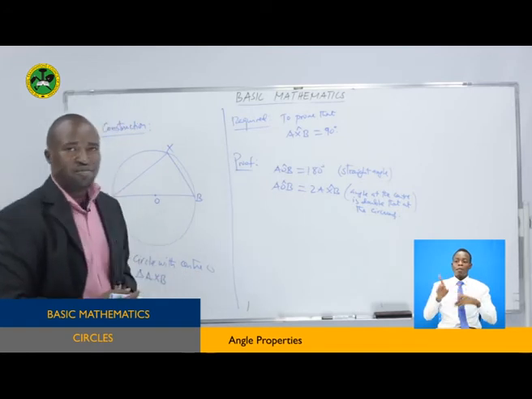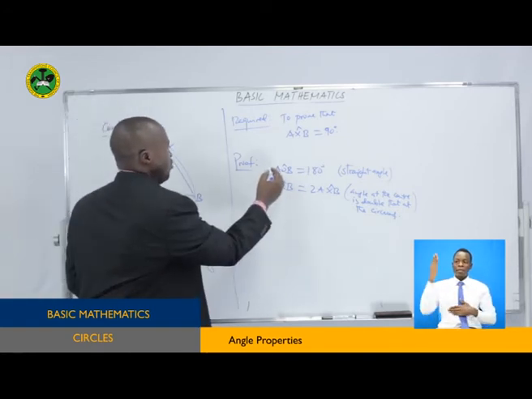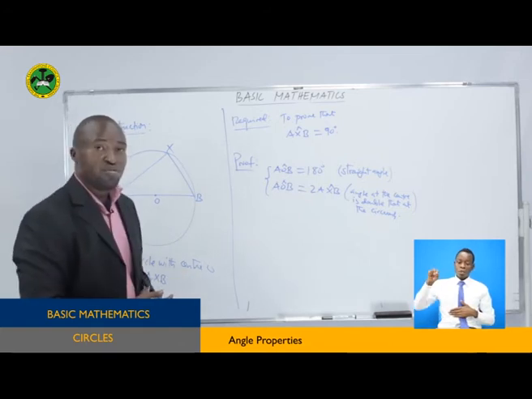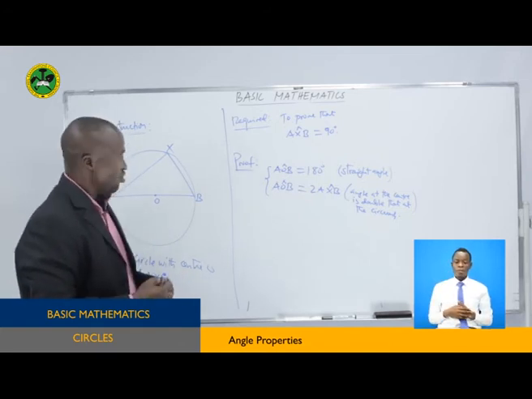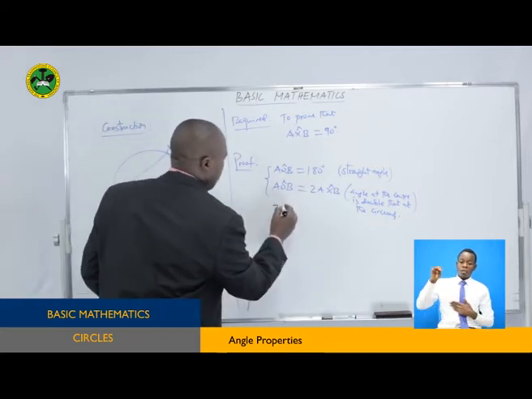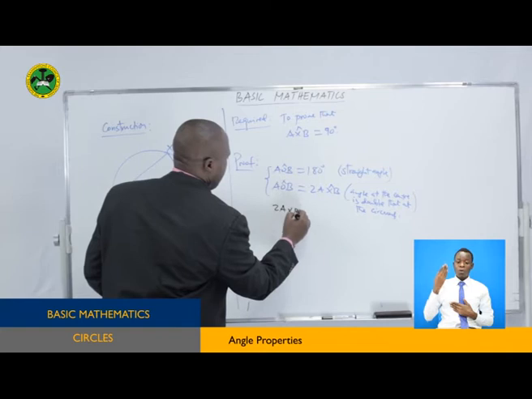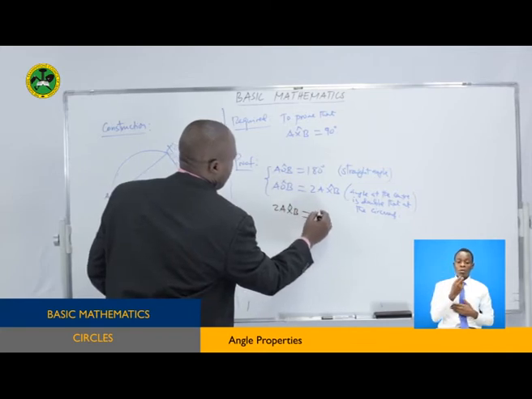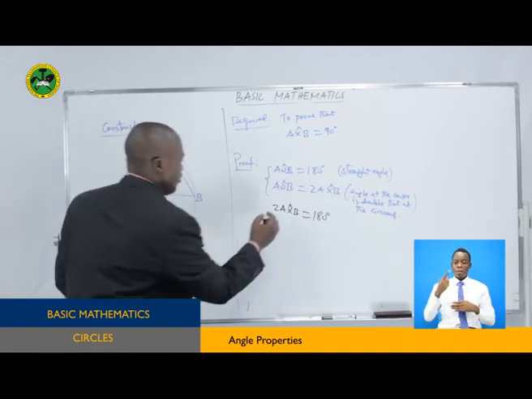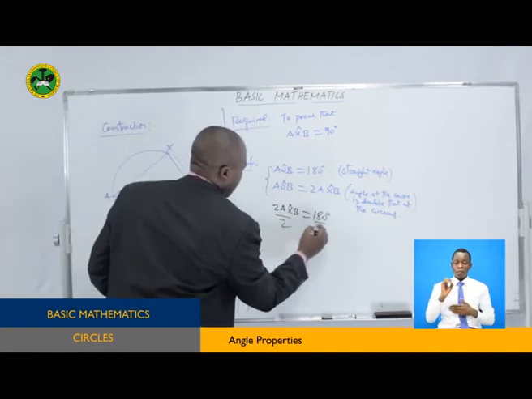Now we have two equations. Now again, let us equate these two equations. So on equating these equations, now we have 2AXB is equal to 180 degrees. Now let us divide by 2 from both sides.